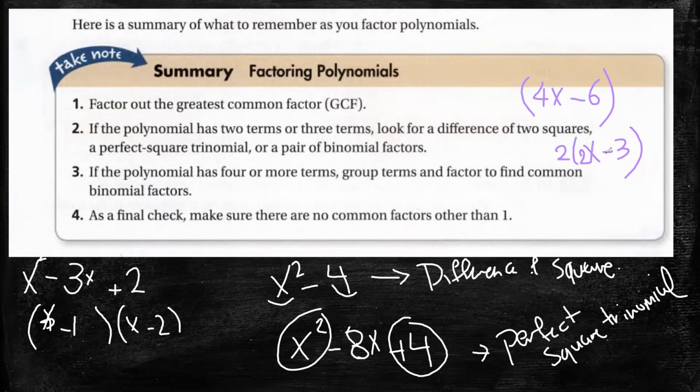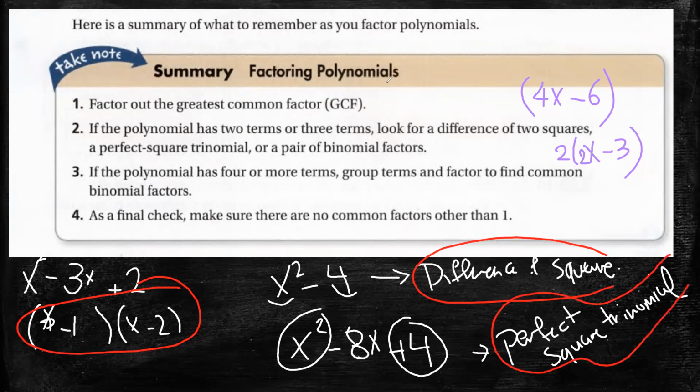Don't forget, you can write them as a product of 2 factors, you can find them as a difference of squares, you can use a perfect square trinomial, and each one has a case. You know when you have to use the difference of squares, when you have to use the perfect square trinomial, and when you have to write them as a product of factors.